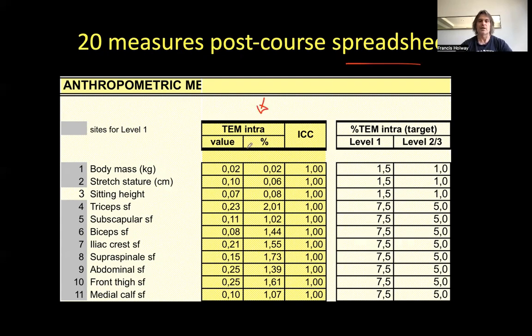So in this column for your measures, once you upload the data on the 20 post-course profiles, it'll give you your absolute value and your percent value of technical error of measurement. It'll give you your intra-class correlation coefficient that you don't worry about. And you will see the target values, percentages, for level 1 and level 2 for these measures, for skinfolds.